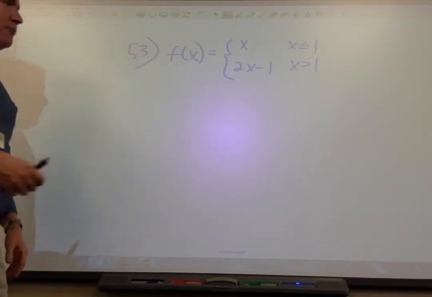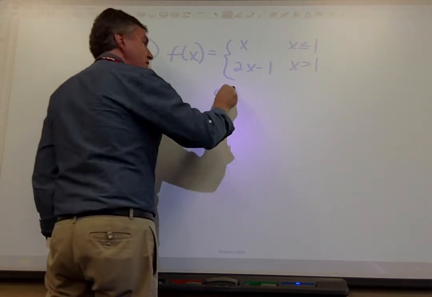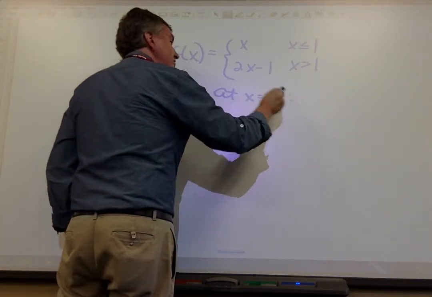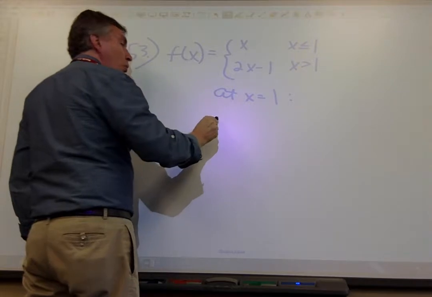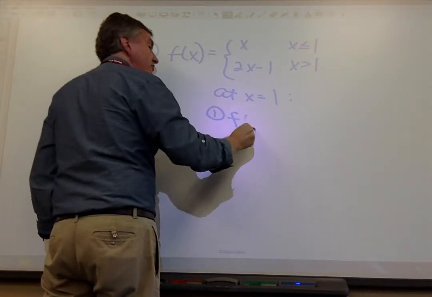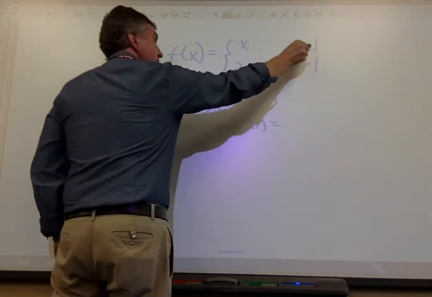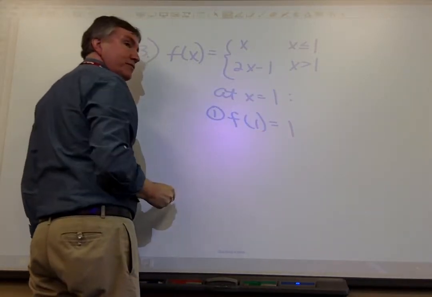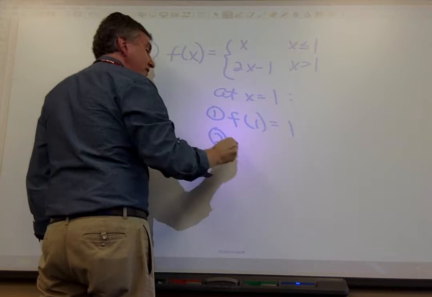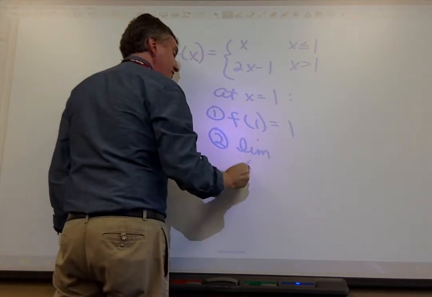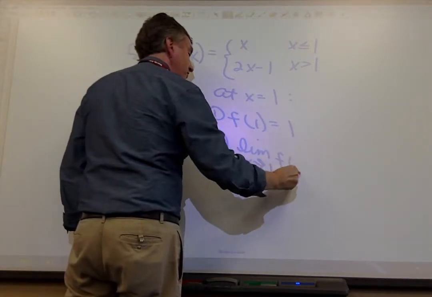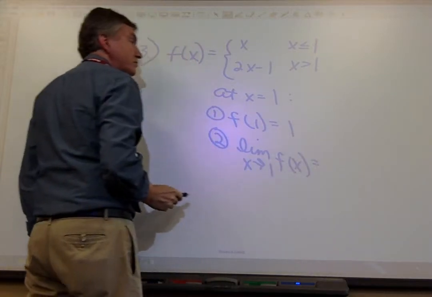So I'm going to say, let's look at 1. At x equal 1, let's do our 3 conditions. First condition, what is f of 1? I would put it in this piece, and that would be 1, wouldn't it? What is the limit as x approaches 1 of f of x?